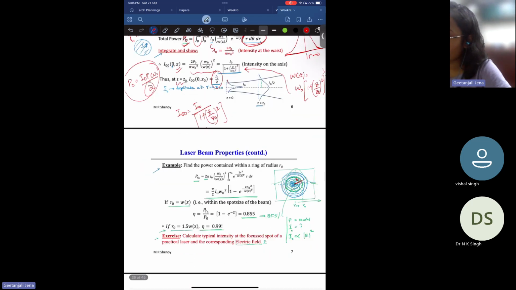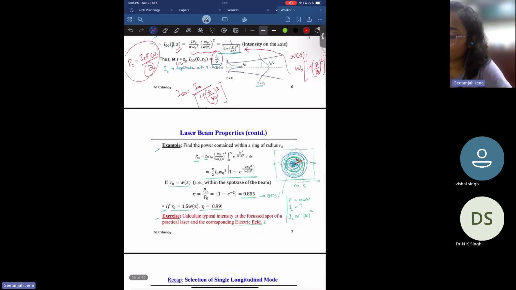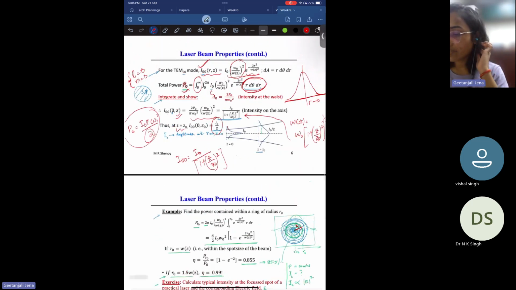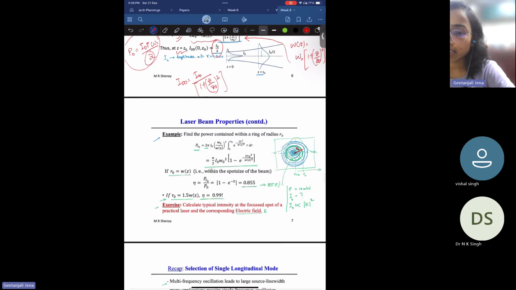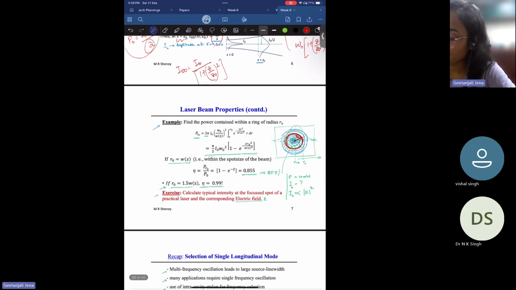This shows how the intensity evolves with respect to Z. If you want to find the power, we have integrated over r equal to infinity. But instead of r equal to infinity, if you want to integrate over a finite region, let's say we want to find the power over a distance R0. If you see the red line, we want to integrate over this region. Instead of 0 to infinity, we have 0 to R0. If you calculate it, the P(R0) will come around this formula.